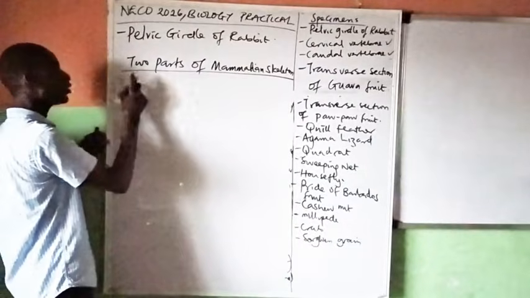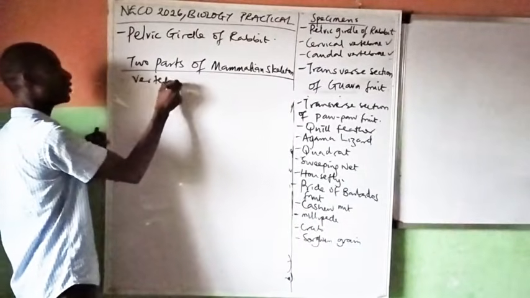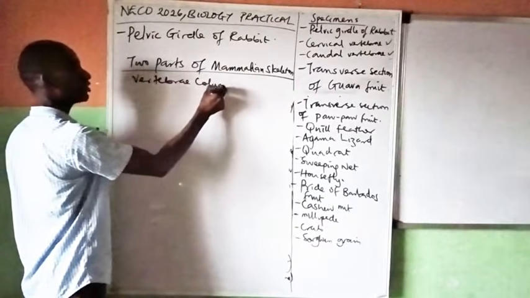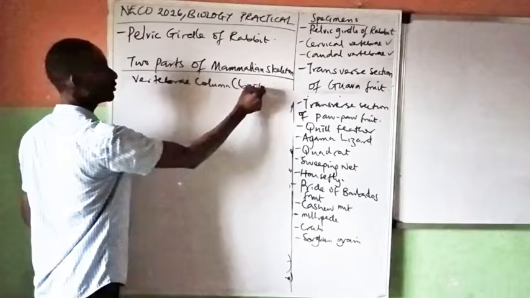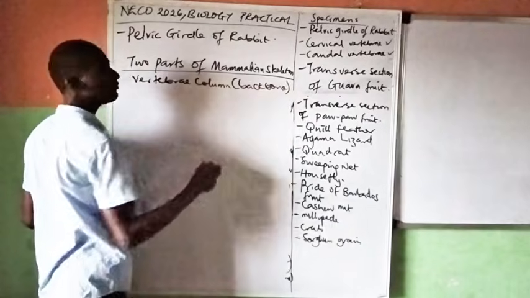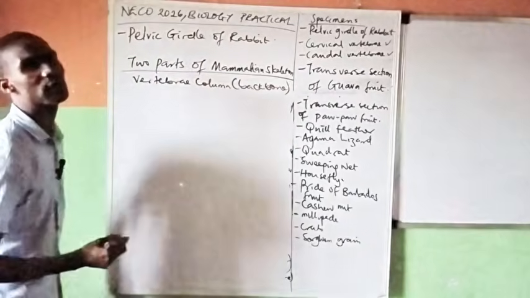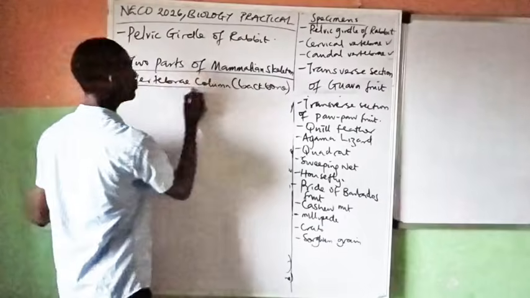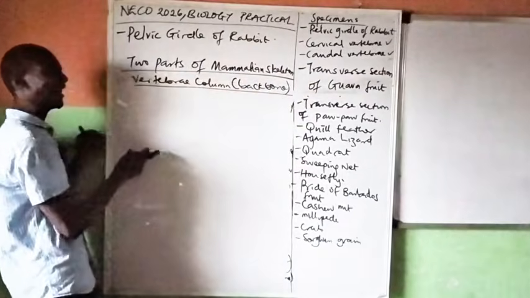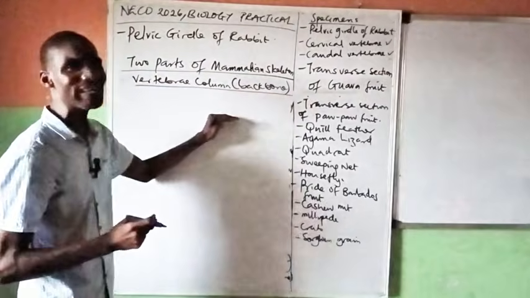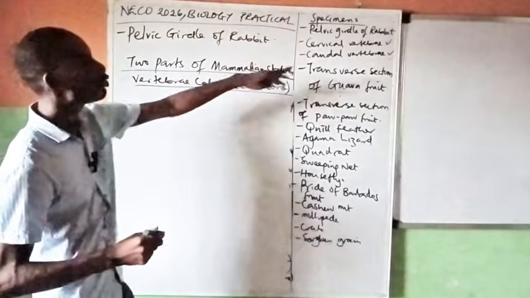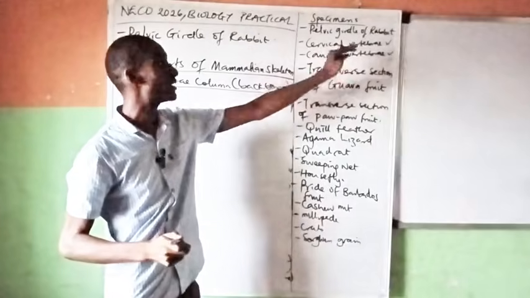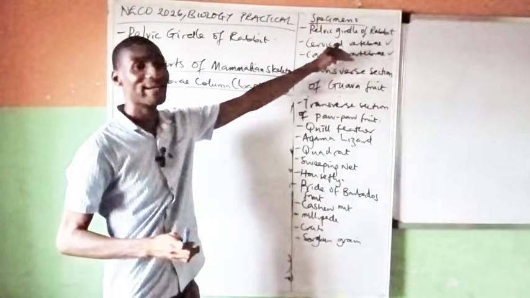But that vertebral column, which is also called the backbone, is made up of 5 bones. 5 different types of bones make up the vertebral column. So we are going to look at the bone and the region of the body where it is found, so that you will be able to answer questions on this, because they could ask you, where is it found?